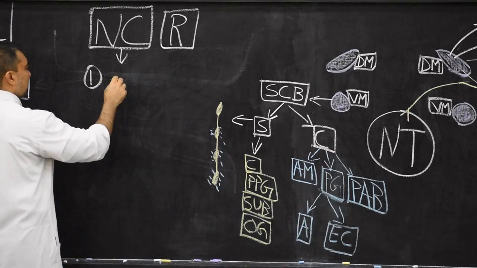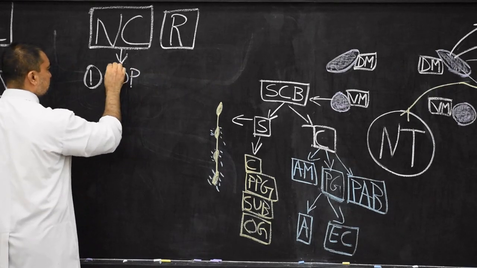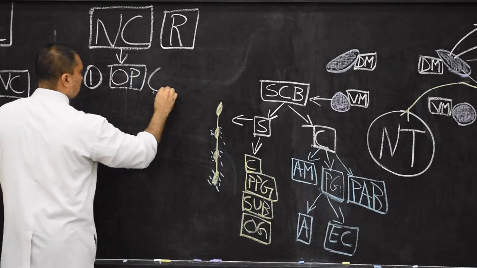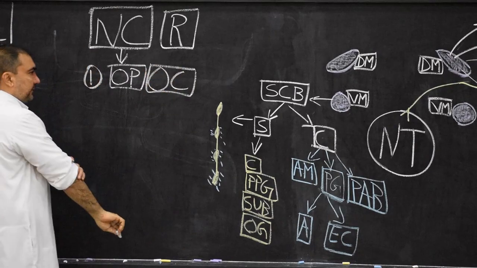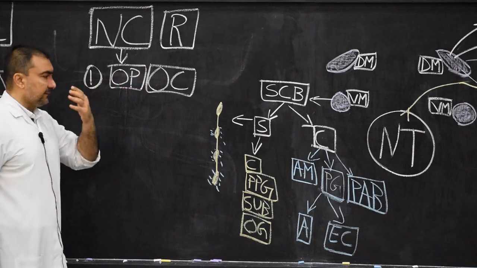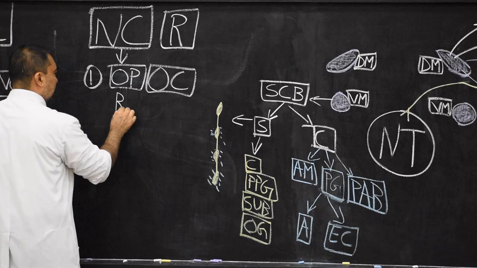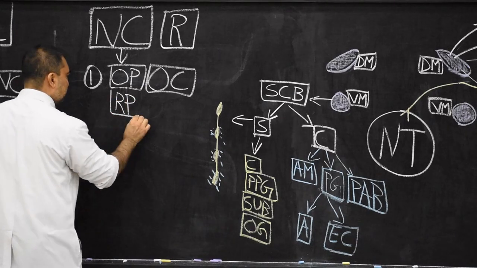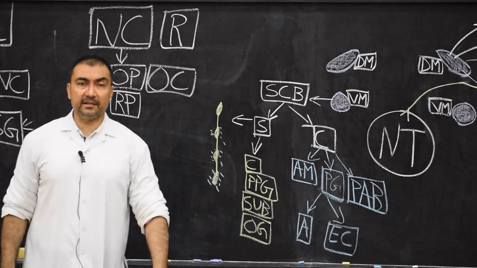Number one, the first statement is very important. They will develop into the olfactory placodes, also the optic capsule. Remember, these are the derivatives: olfactory placodes, optic capsule. These structures we have seen during development of the face. Similarly, they will develop into Rathke's pouch. Rathke's pouch will lead to development of part of the hypophysis cerebri.